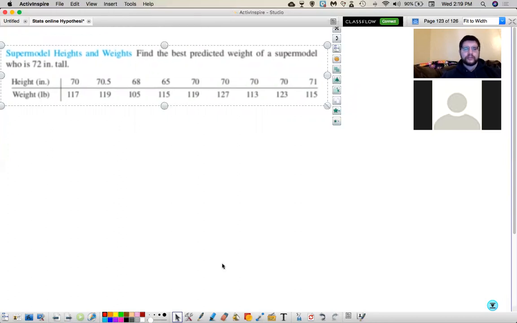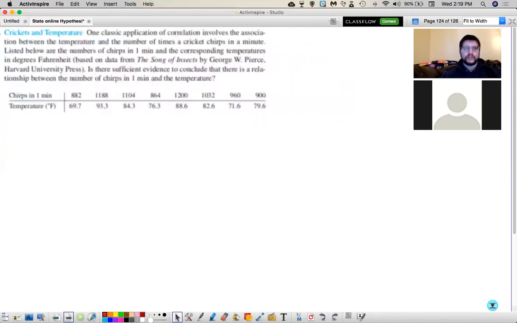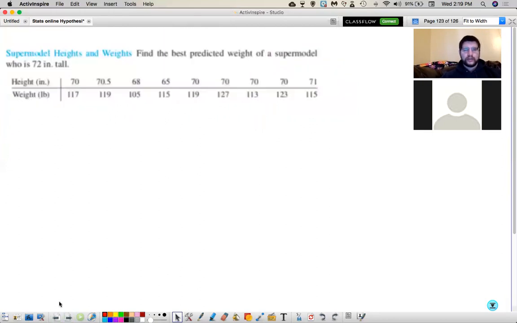So it says find the best predicted weight, and this one says what is the relationship? So to find the best predicted weight, we first have to see if there is a correlation. If there is a correlation, then we find our regression equation and plug it in. If there's no correlation, we use y-bar. Let's find out.